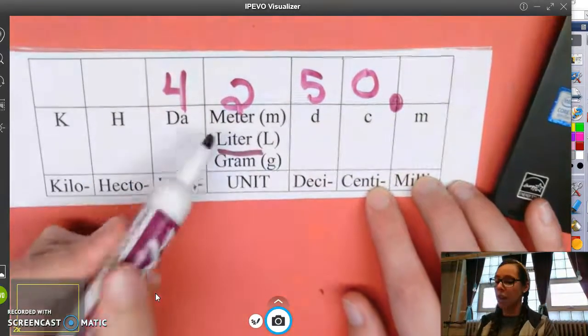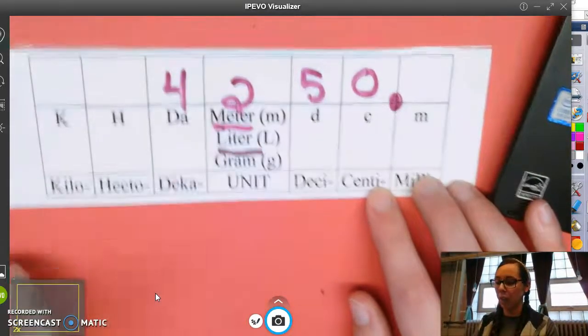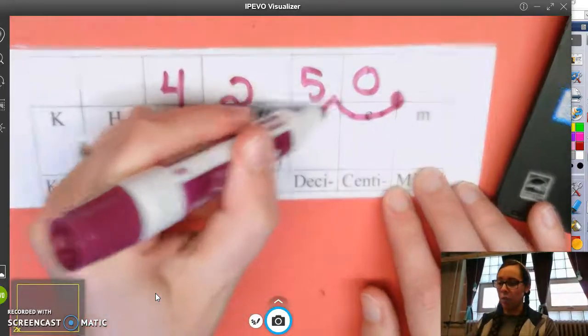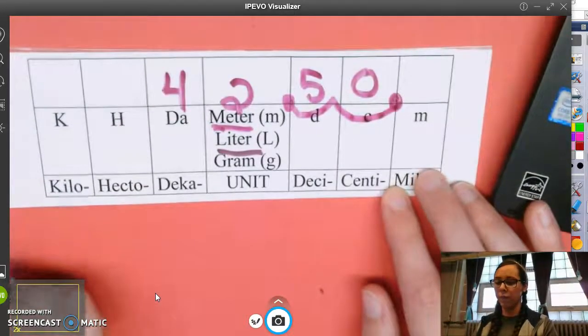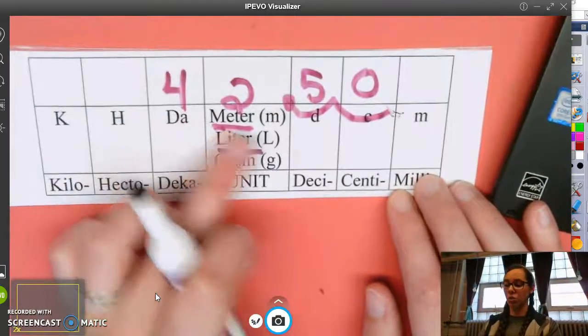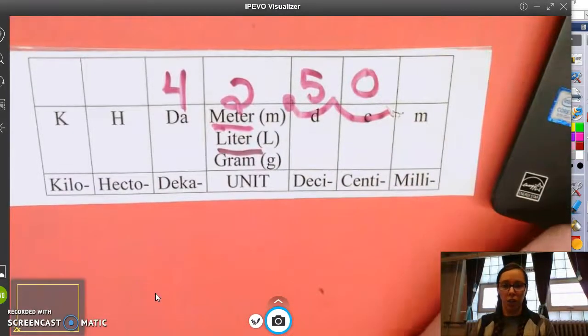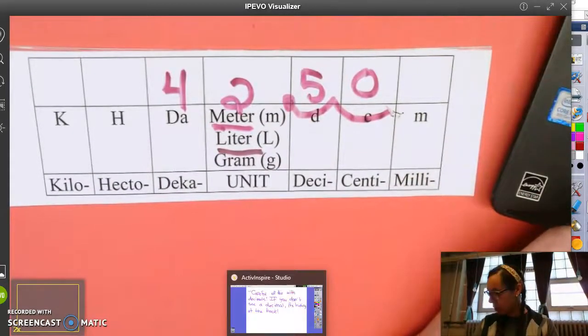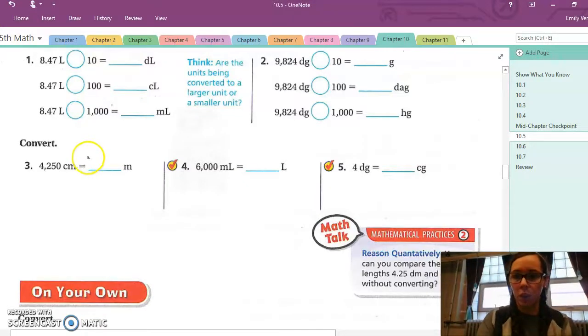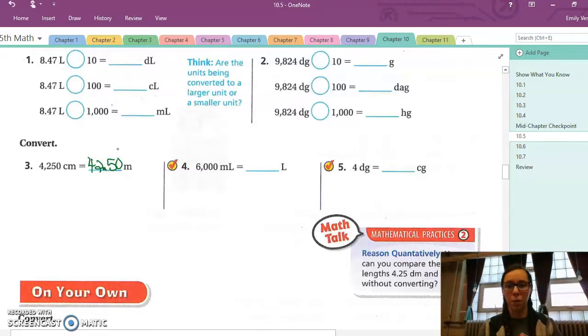And we're moving it up to the meter mark here. So I'm going to move my decimal 1, 2. So I would have 42 and 50 hundredths meters, which is this. 42 and 50 hundredths. Or you could just do 42.5.